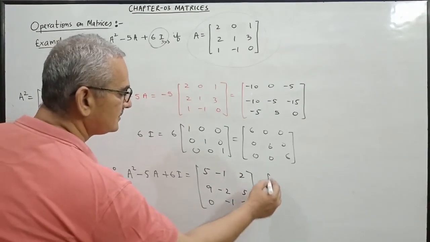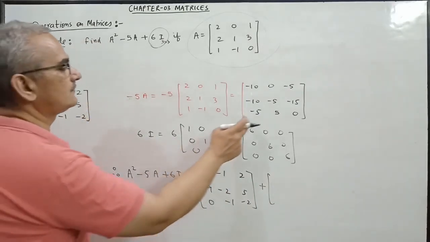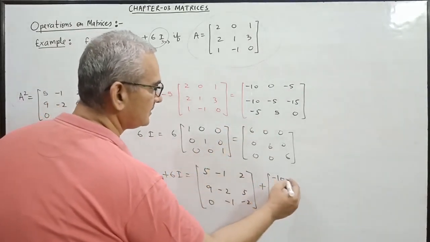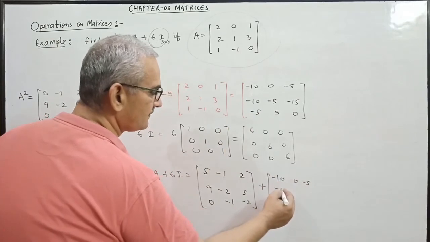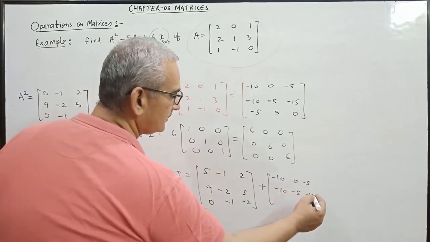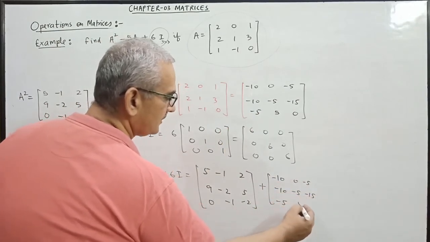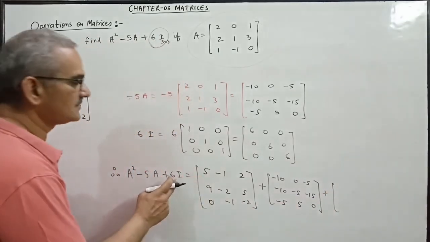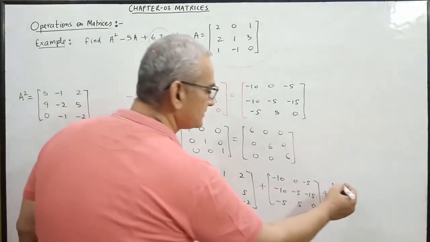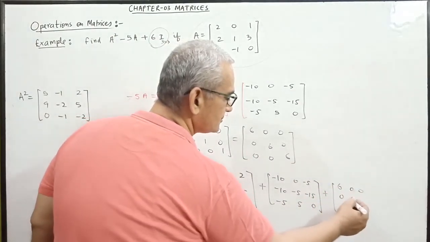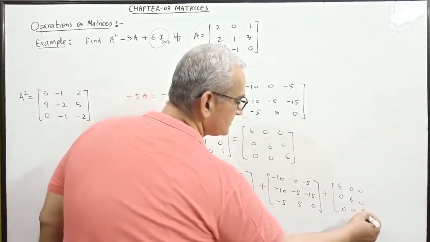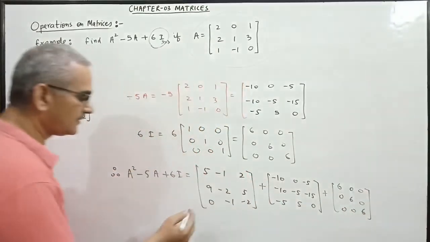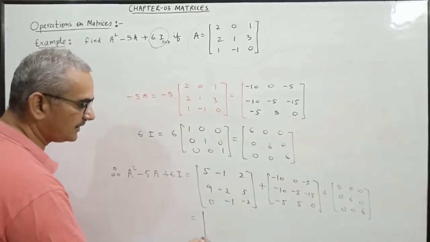Then plus the value of minus 5A, which is minus 10 0 minus 5, minus 10 minus 5 minus 15, minus 5 5 and 0. And then we write the value of 6I, which is 6 0 0, 0 6 0, 0 0 6. You can see that they are of the same order, so now we can add them.